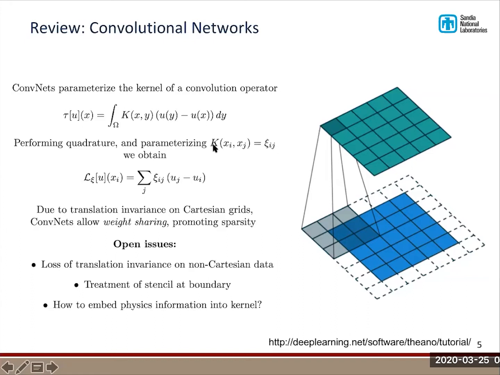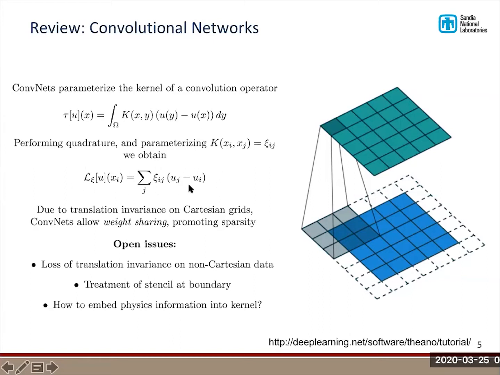And we're going to parameterize that kernel by assuming that it has a form that looks like this, so that when you evaluate it at a node I and a node J, it takes this form. And so the discrete form for the operator is going to look like that.